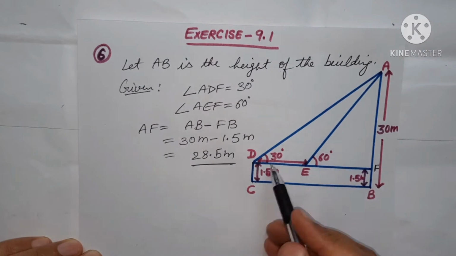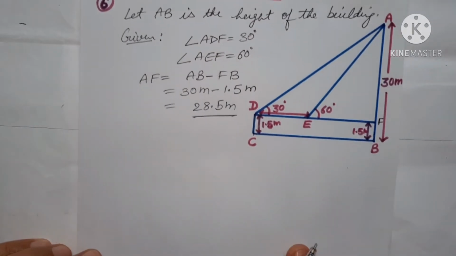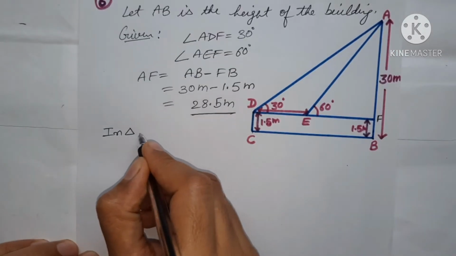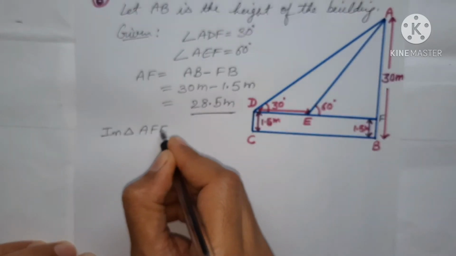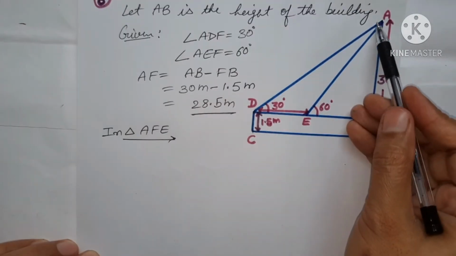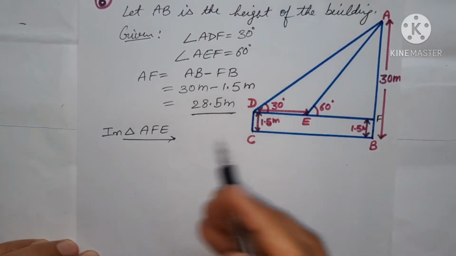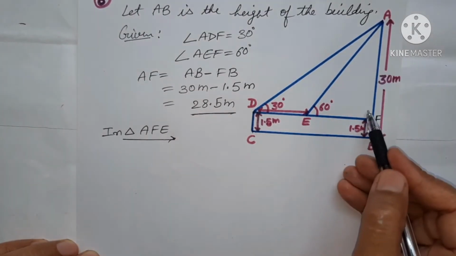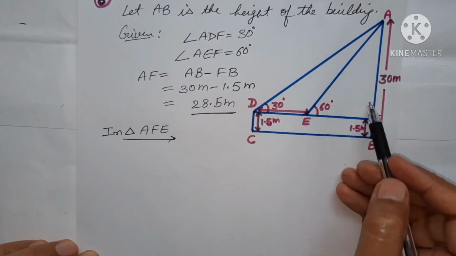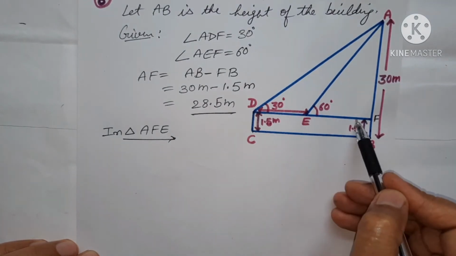Now we will take one by one both these triangles. First in triangle AFE. This triangle angle is 60 degree, and this height we know already. So this is perpendicular and this is base.